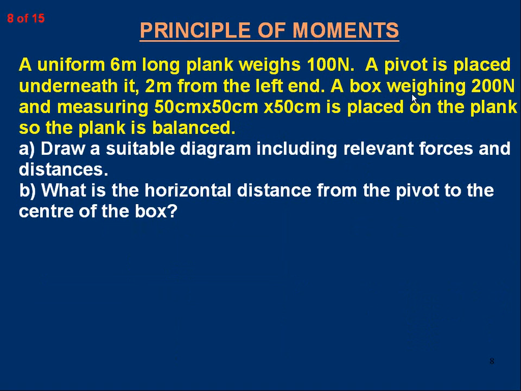A box weighing 200 newtons and measuring 50 by 50 by 50 centimeters is placed on the plank, so the plank is balanced. You've got to draw a diagram including the forces and distances, and then you've got to work out what is the horizontal distance from the pivot to the center of the box.